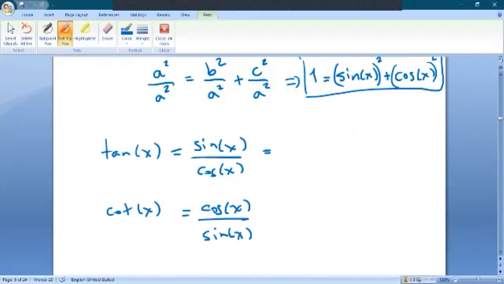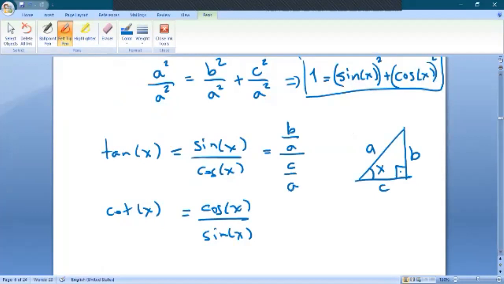You could also say from the right triangle we have drawn. Okay, not a nice one. So this was A, this was X, this was B, this was C, right? So what is tangent? It's sine over cosine. So you can say B over A over C over A. And if you flip this and multiply, what are you going to get?